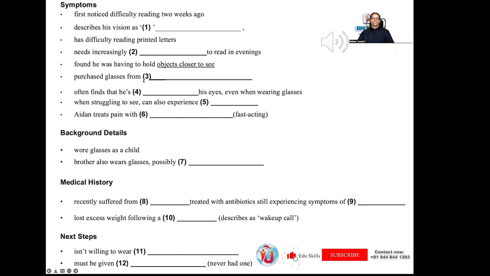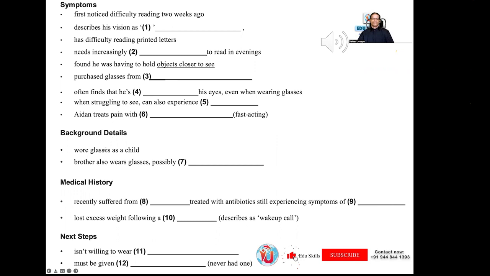Purchased glasses from dash. Often finds that he is dash his eyes even when wearing glasses. When struggling to see, can also experience dash. Aiden treats pain with dash fast acting.